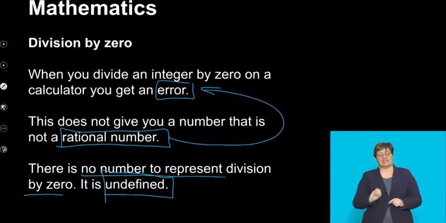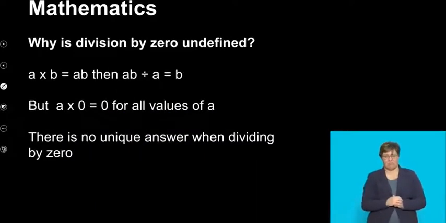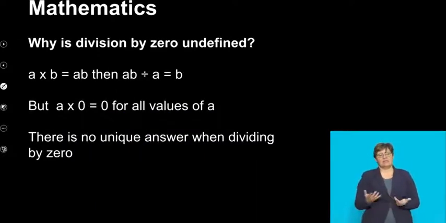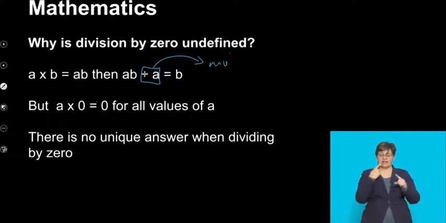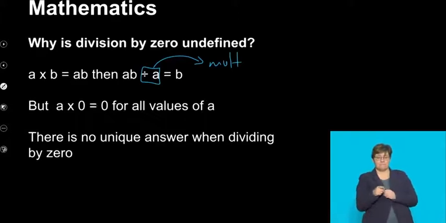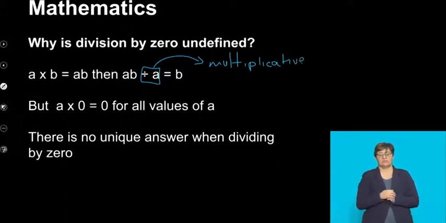But also, let's try and talk about this in terms of algebra, right? If I have a times b equals ab, then we know that if I have ab divided by a, where this is my multiplicative inverse, then I will get the answer b.